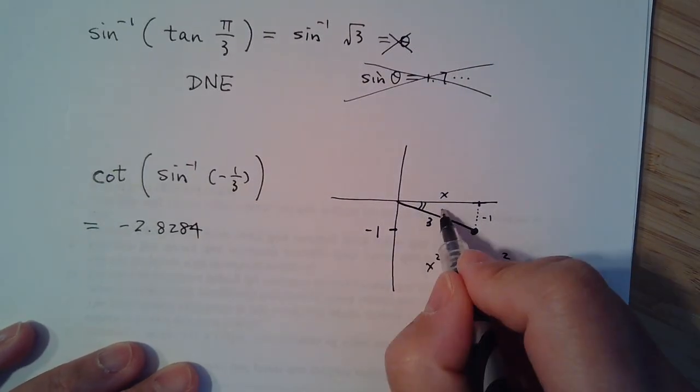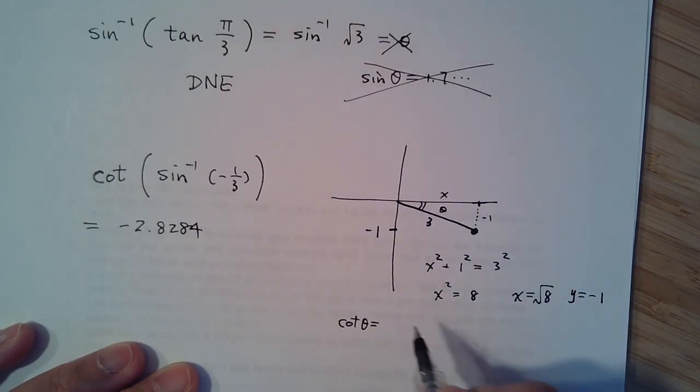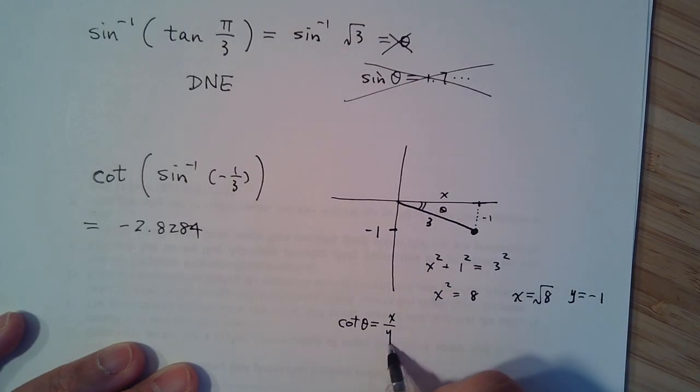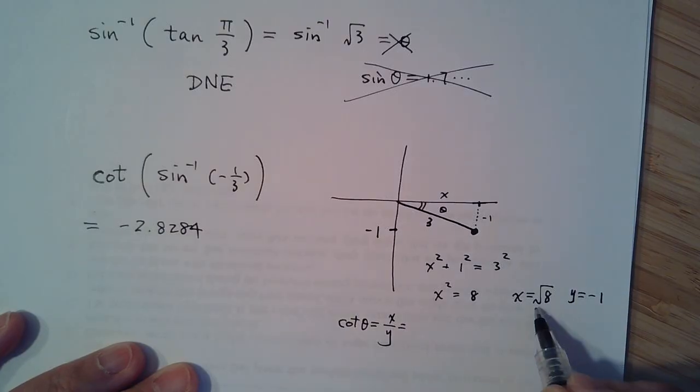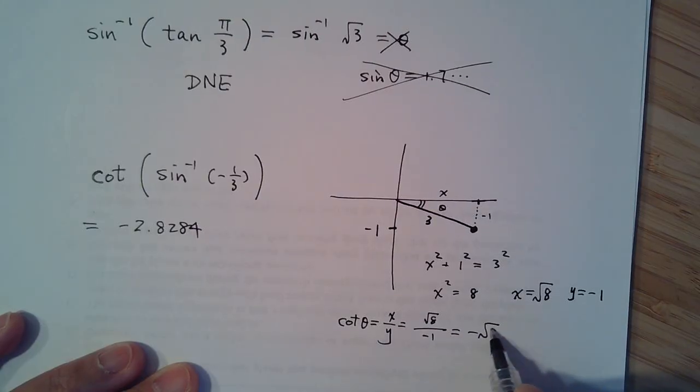So this is theta. Cotangent of theta is going to be x over y, so it's negative root 8.